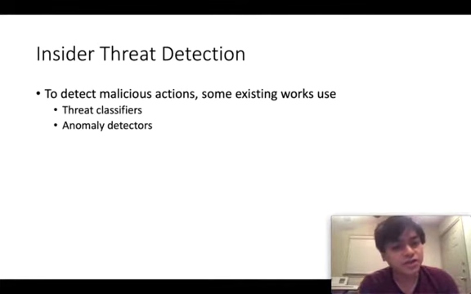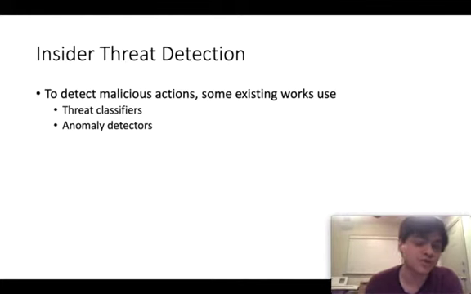And the other way is anomaly detectors. Alright, it's anomaly, right? So we have learned about it. So it's like something that is anomaly or outliers from the dataset that will be assumed to be malicious. So first, let's talk about threat classifiers.